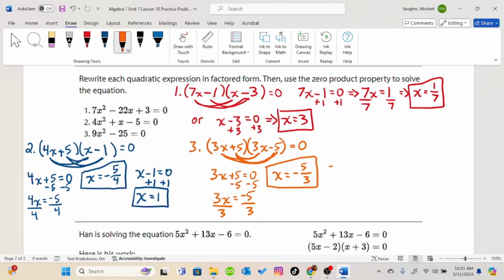Then we take our second factor, 3x minus 5, and we set it equal to 0. We add 5 to both sides, and we get 3x equals positive 5. Divide both sides by 3, and we get our final answer of x equals 5/3.